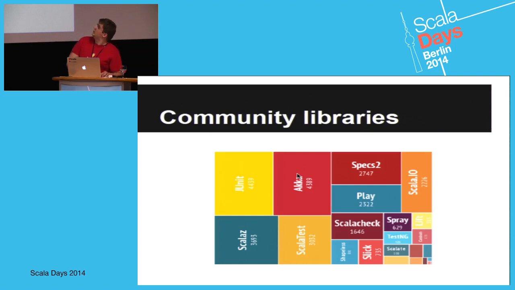Okay, this is the list of the most popular Scala community libraries, and this is usage statistics of them in IntelliJ IDEA. I also added JUnit library because it's very popular in Scala community and generally in Java world. As you can see, Akka is the most popular library among Scala users.